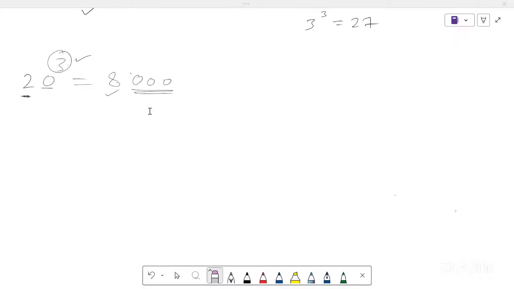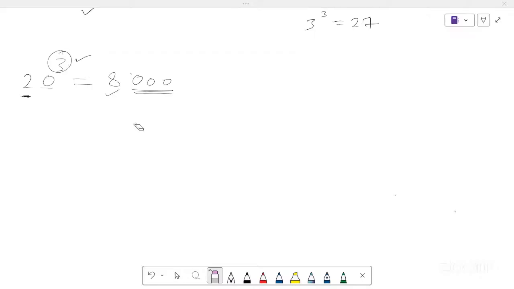So it would be more than 8,000. So the first number I'm giving you, you may just tell me what would be the cube root for the first number. The first number in front of you is 9261. Write it.